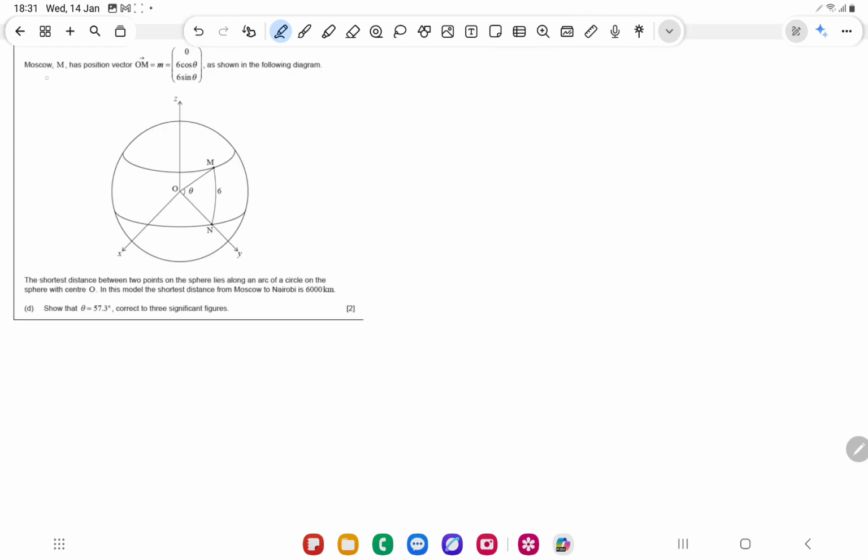Now in the next part, Moscow has a position vector this. It is given in terms of theta. We have to show that theta is 57.3 degrees. So we will first write Moscow's position vector, which is (0, 6 cos theta, 6 sin theta), like this.